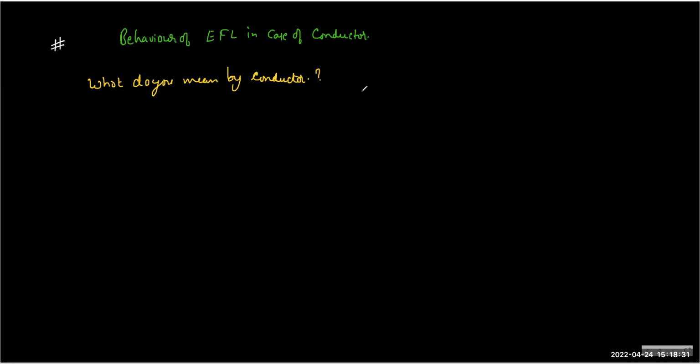So a medium with the property to generate free charge carriers by some process, such a medium is called a conductor. And most of the metals fall under that category. So the way to define a conductor is simple.